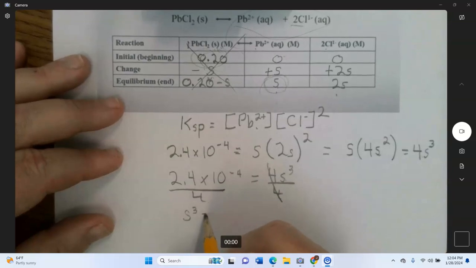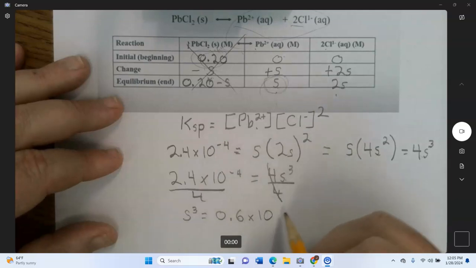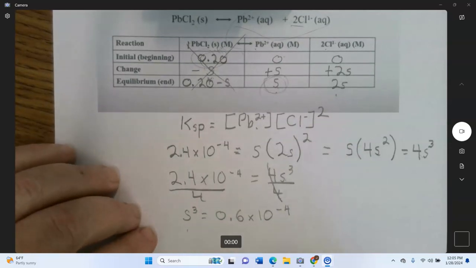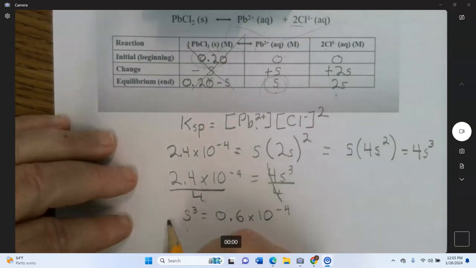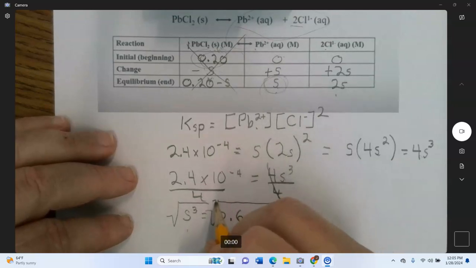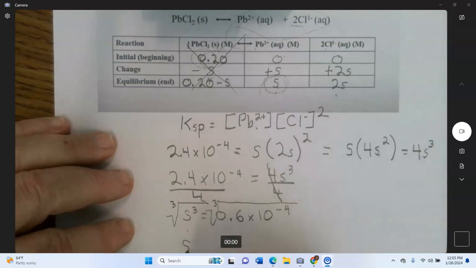S to the third equals 0.6 times 10 to the negative 4. So now we got to figure out what S is. You got to take a cubed root. So you're going to take the cubed root of both sides, like that. So cubed root of S to the third, and you got to write a 3 there for a cubed root right there. So that's going to be S.